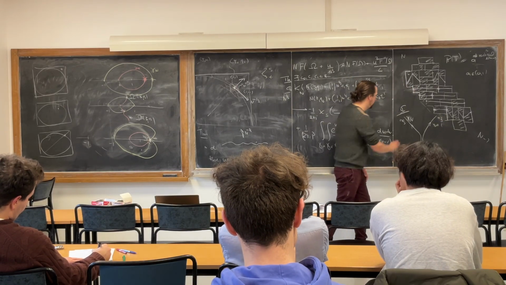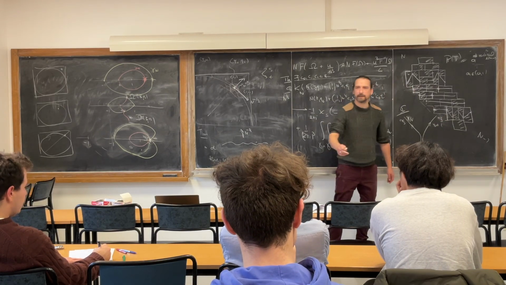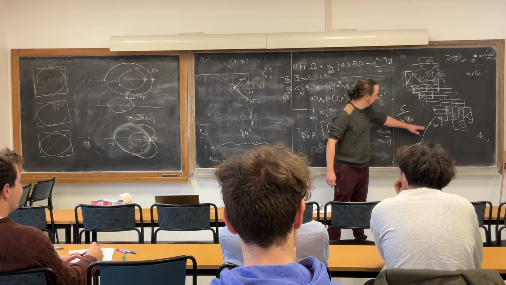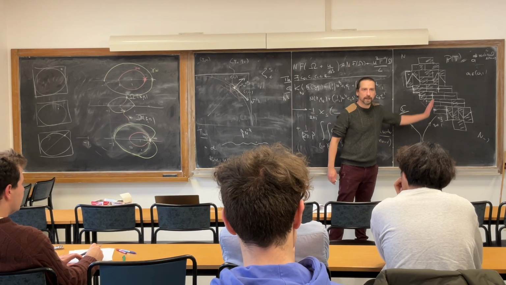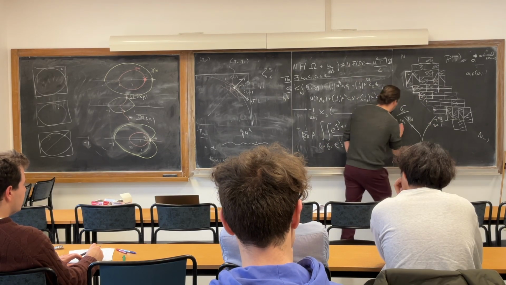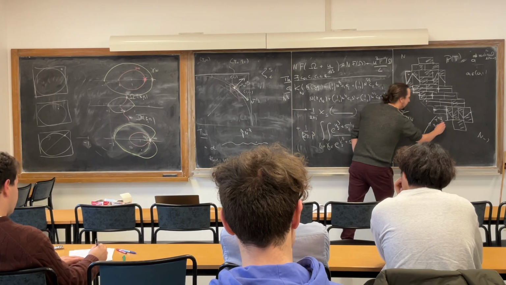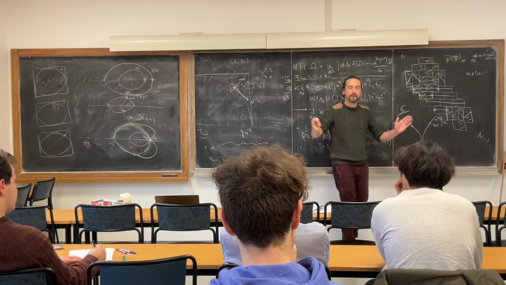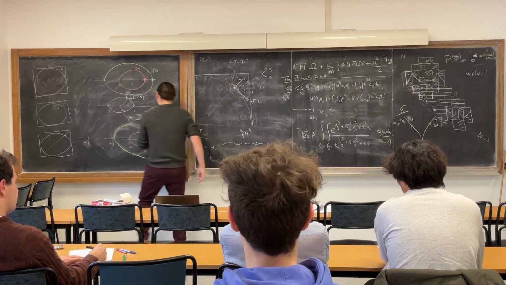Sorry, just the angles, pi over 3, 2 pi over 3. So they go in that direction, e to the pi i over 3 times infinity. They really just come from the local analysis here.